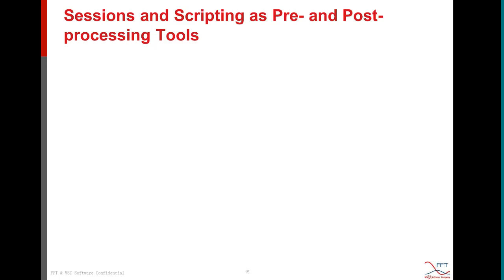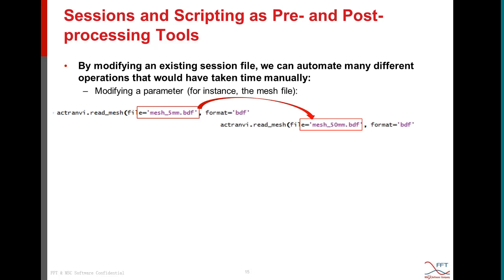And then, session and scripting as pre- and post-processing tools. The usage of sessions and scripting can ease many different pre- and post-processing operations, again by reducing the number of manual operations.